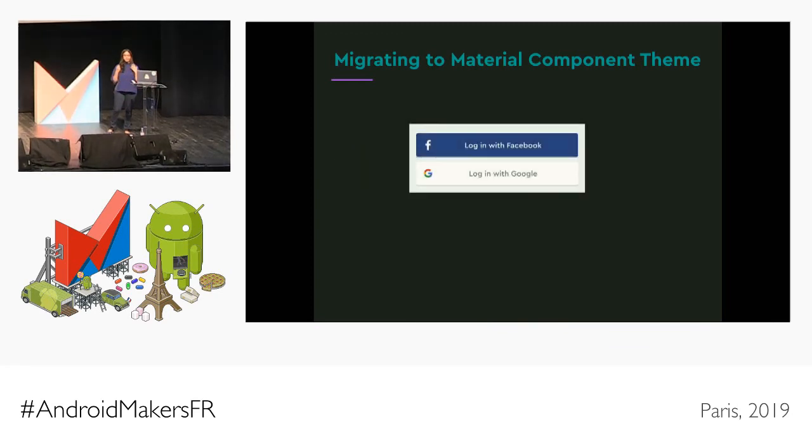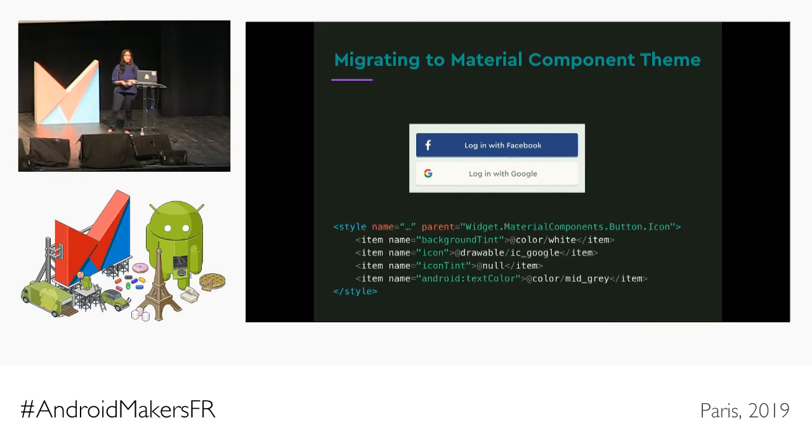All right, and I don't know if you remember, but these buttons had lost their icons. We were able to restore it by using this Widget.MaterialComponents.Button.Icon style, and we were able to set the icon using the icon attribute, so no more drawableStart nonsense, and I was able to set the icon tint as null.